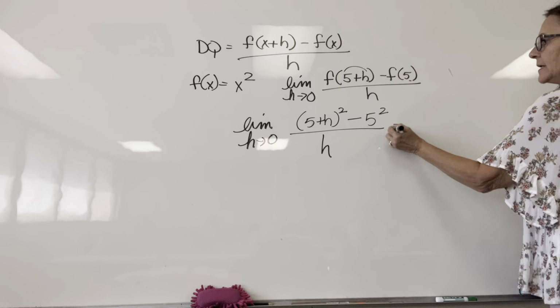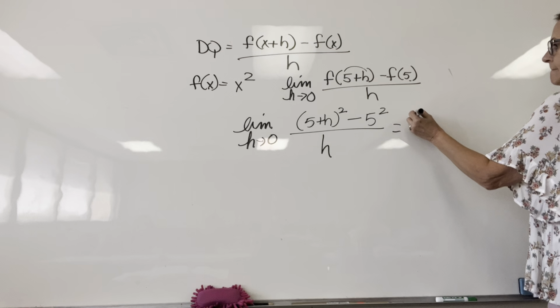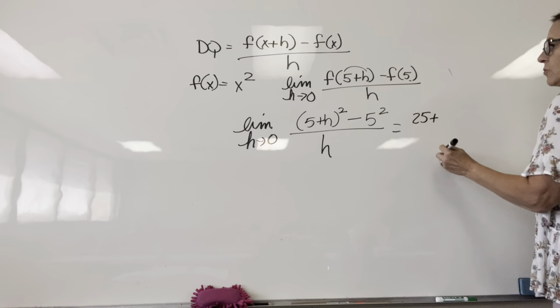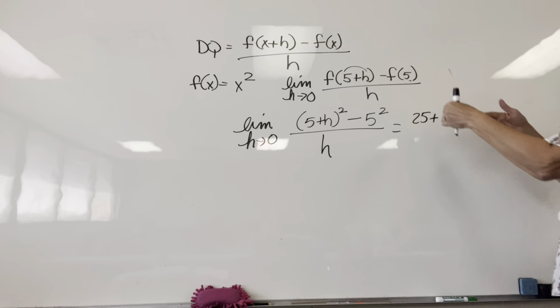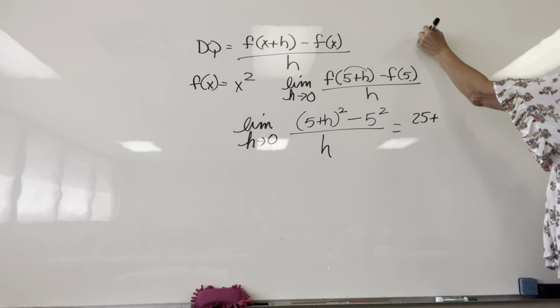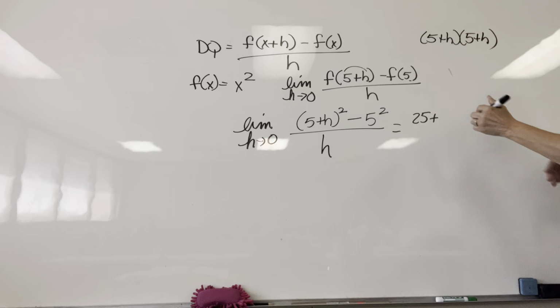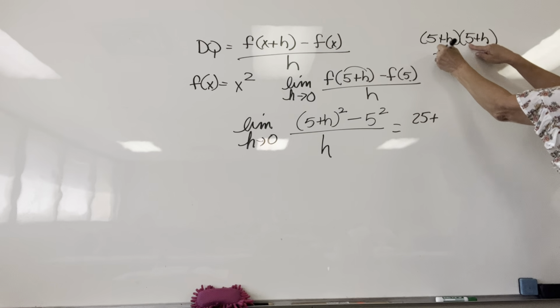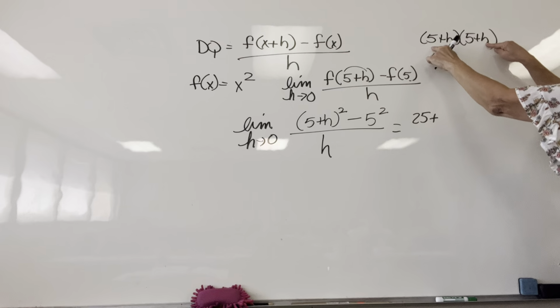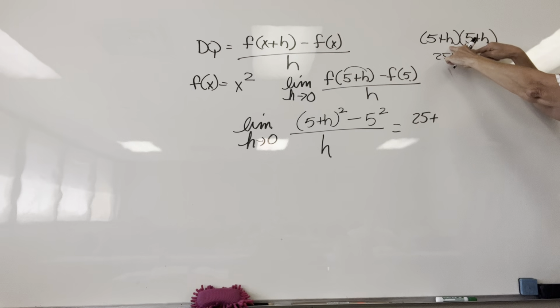All right, 5 plus h squared. This is 5 plus h times 5 plus h, right? That's 25 plus 5h and another 5h.